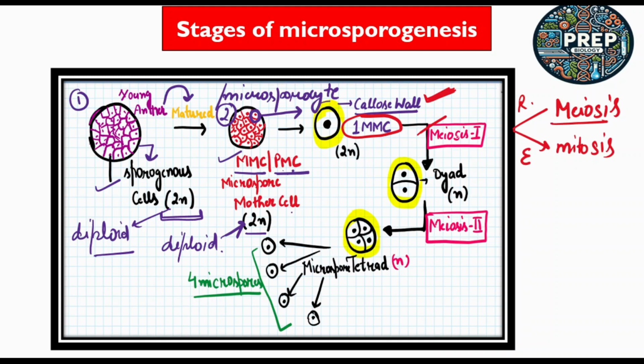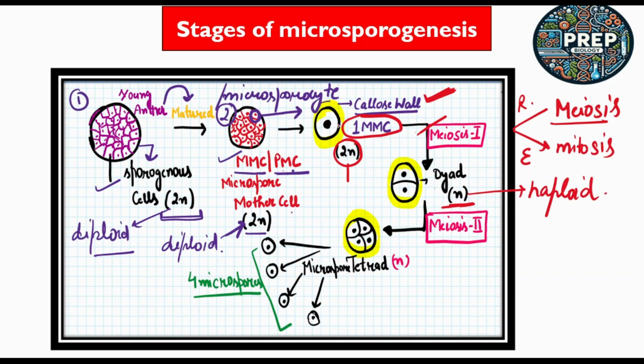Reductional means it becomes half in number in the next generation. Now one MMC is diploid in nature, 2n. Now it undergoes meiosis 1 and it forms cells with ploidy n, that is haploid in nature.